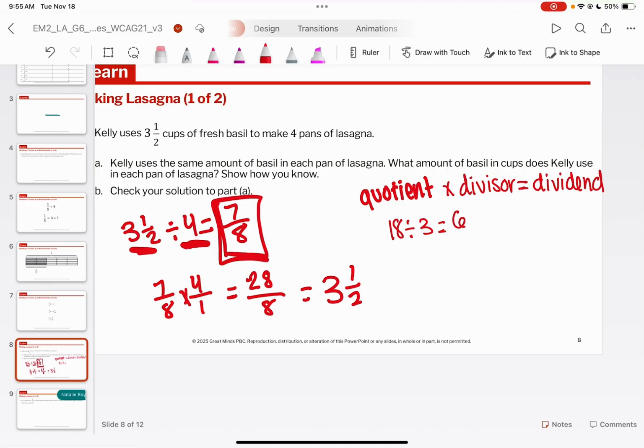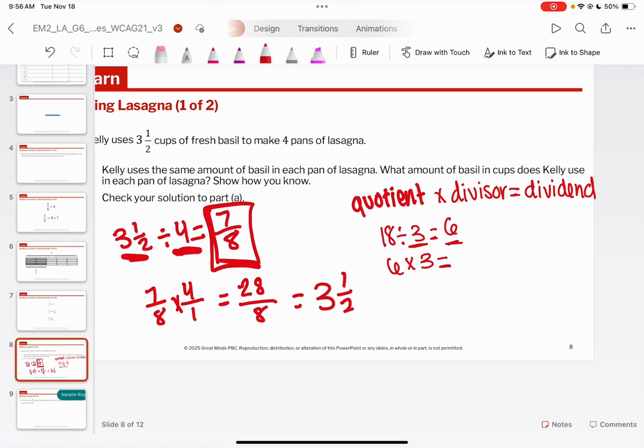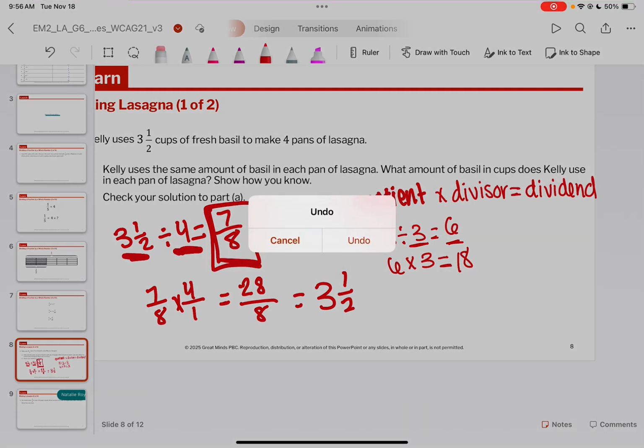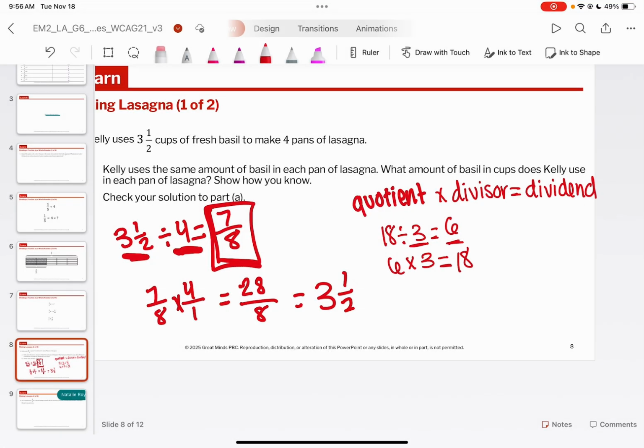So I know that 6, my quotient, times my second number must equal what? What does 6 times 3 have to equal? 18, okay? Your second number, your divisor, times your answer will always equal your total. So that's how we check our work. All right? Any questions about this? So far, so good? Okay, can I erase? Yes, ma'am.